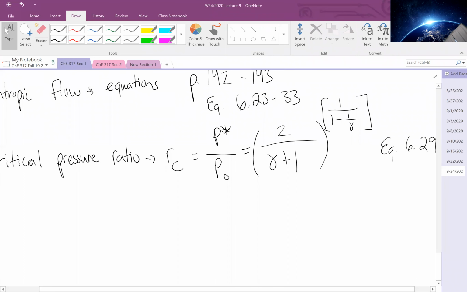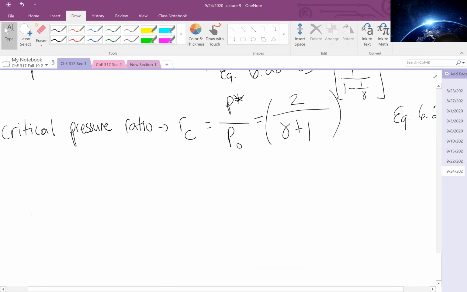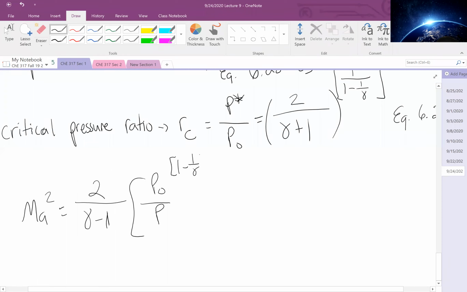We could also consider a look at determining the Mach number for the nozzle. The Mach number squared is equal to 2 over gamma minus 1 times the quantity P naught over P to the 1 minus 1 over gamma power, minus 1.